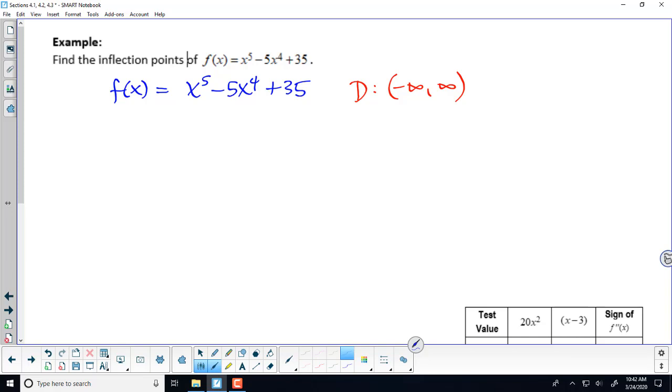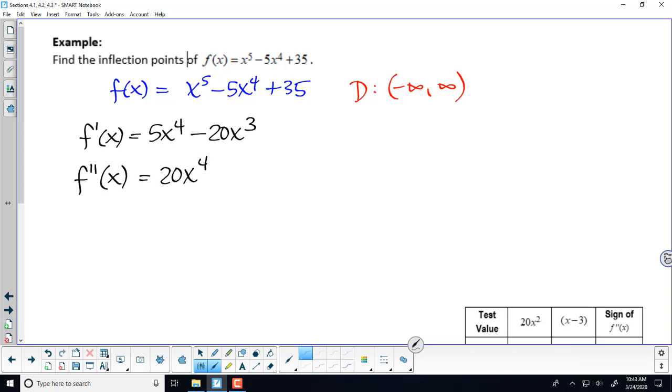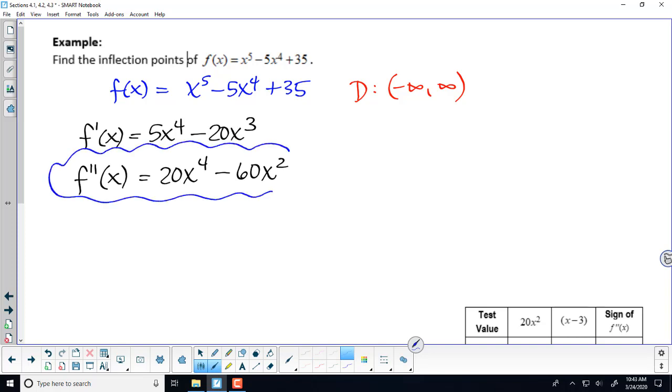We need the second derivative. The first derivative is 5x to the 4th minus 20x cubed. The second derivative then is 20x to the 4th minus 60x squared. This is what we're going to use to determine inflection points.